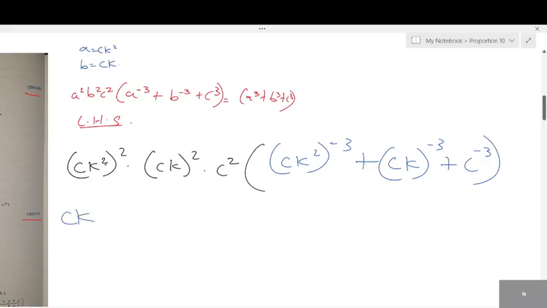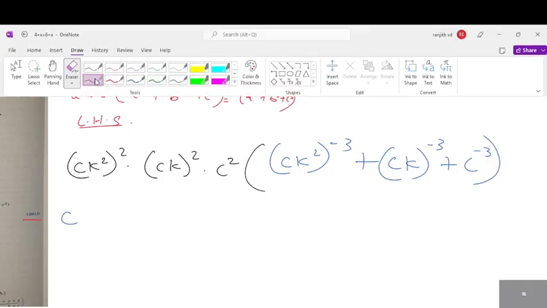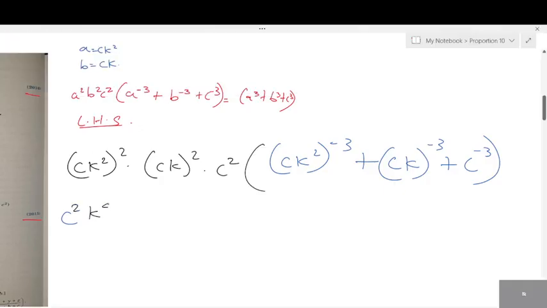Next, K square. When you open the bracket, what do you get? Just tell me these values. C square, K square. Next, we have C square. Multiply all this. When you multiply, what do we get? How many times is C square given?